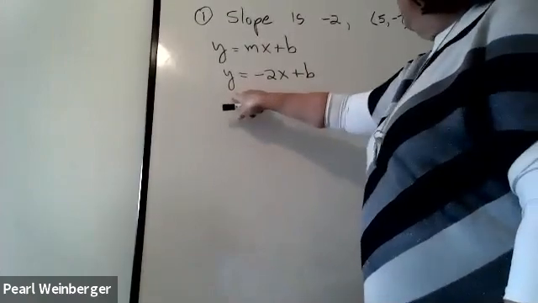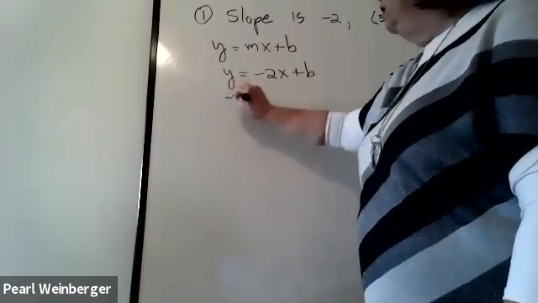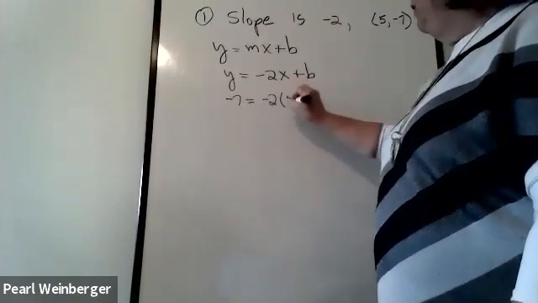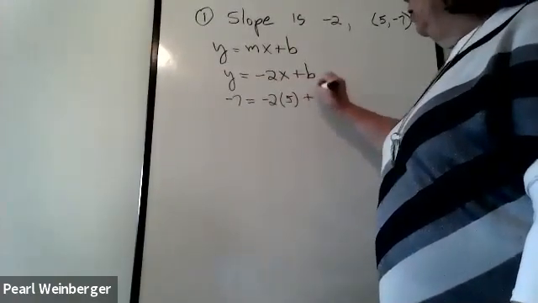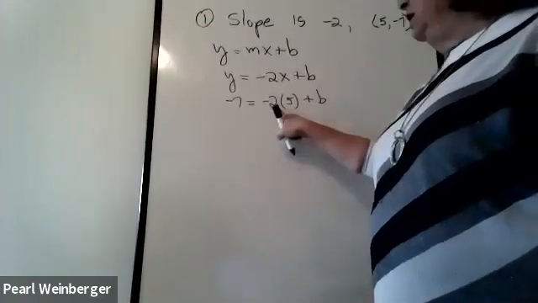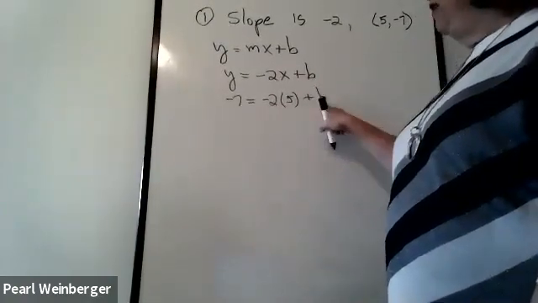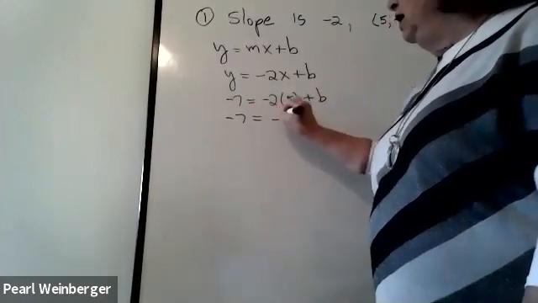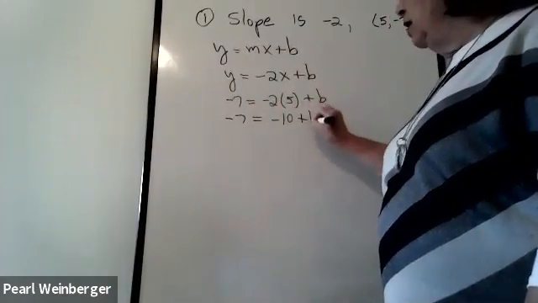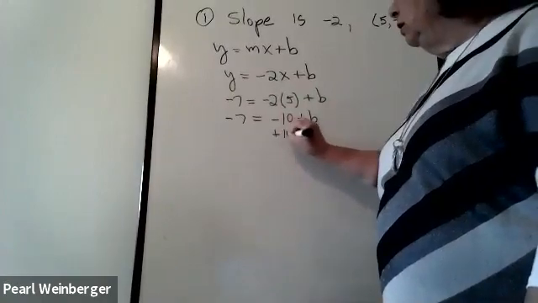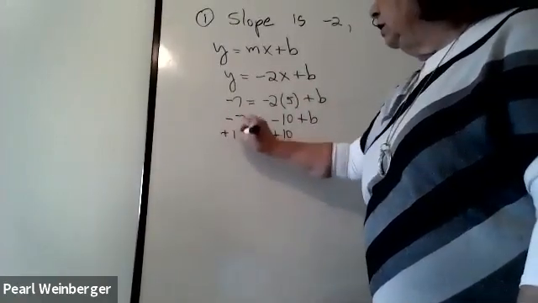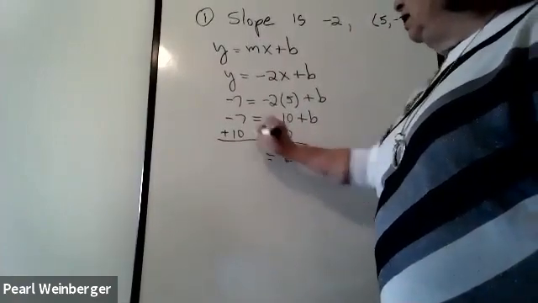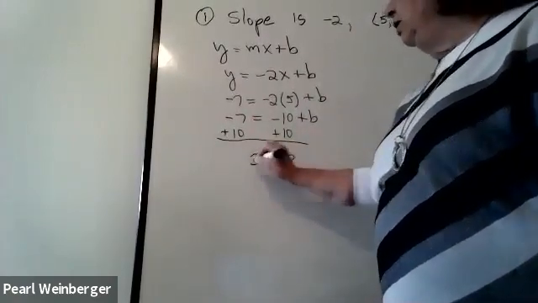So replacing the y by -7 and the x by 5, I get -7 equals -2 times 5 plus b. And I just solve that. -7 equals -10 plus b.